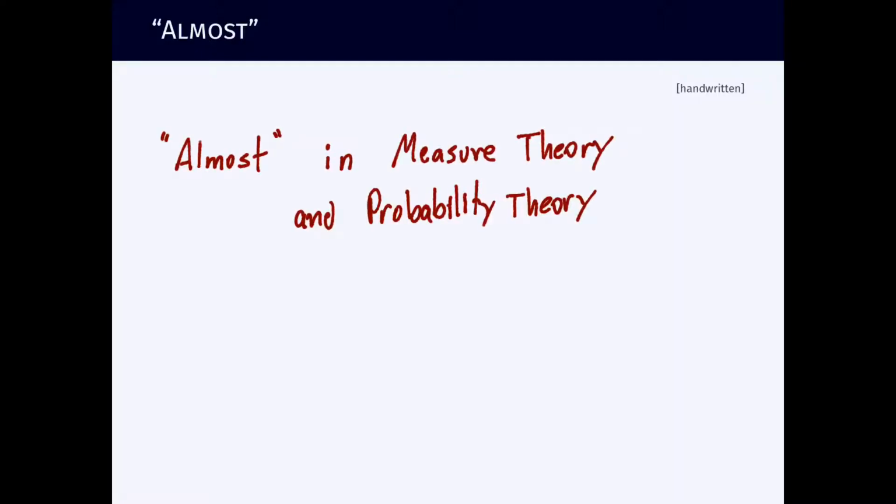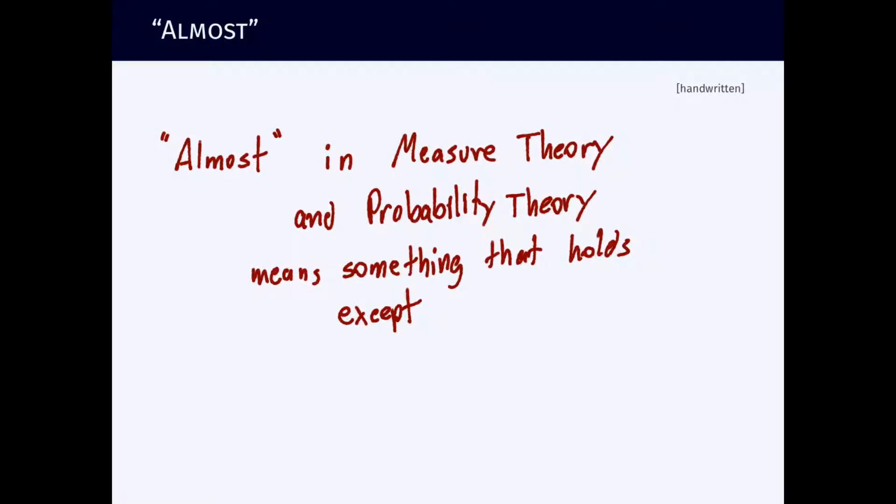And now in this part of the lecture we'll discuss things that happen almost everywhere or almost surely. So almost in measure theory and probability theory means something that holds except on a set of measure zero.